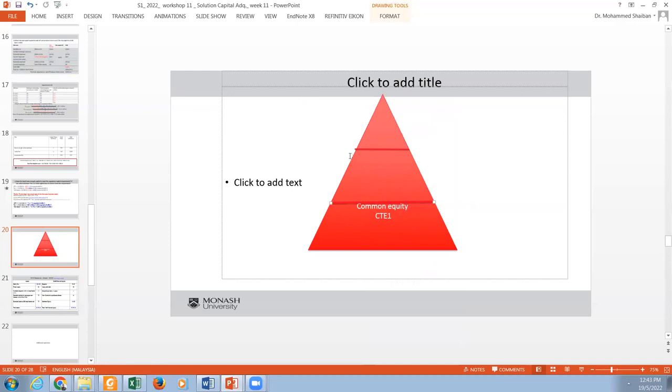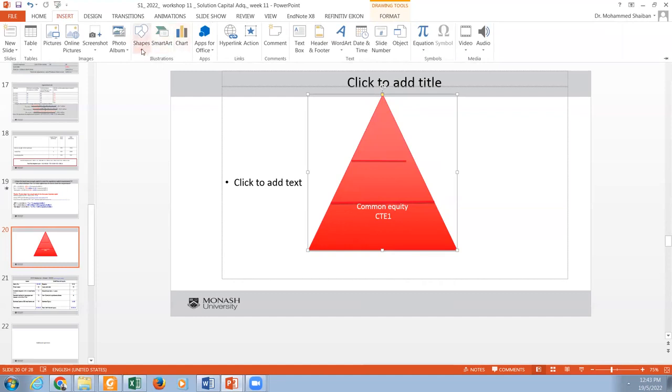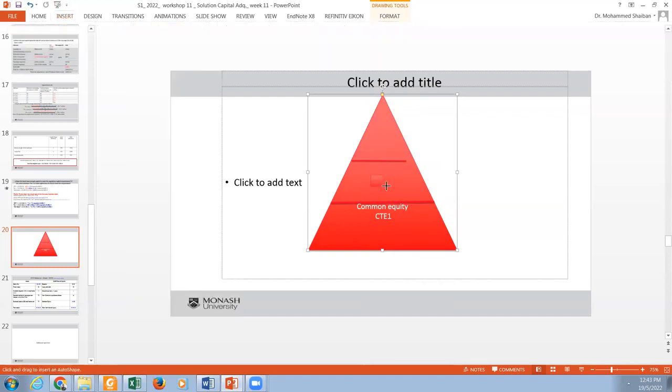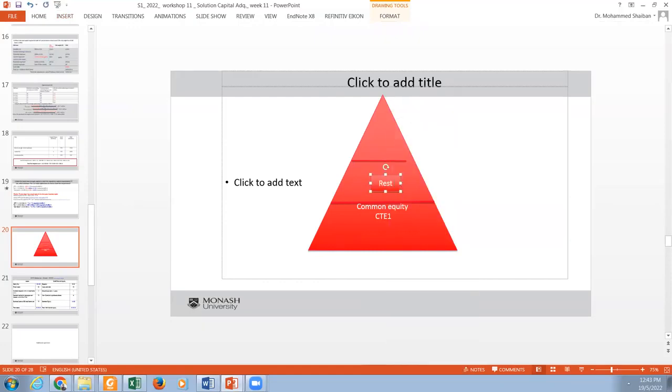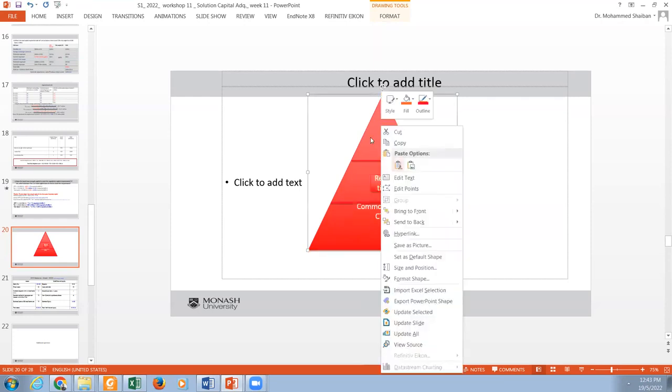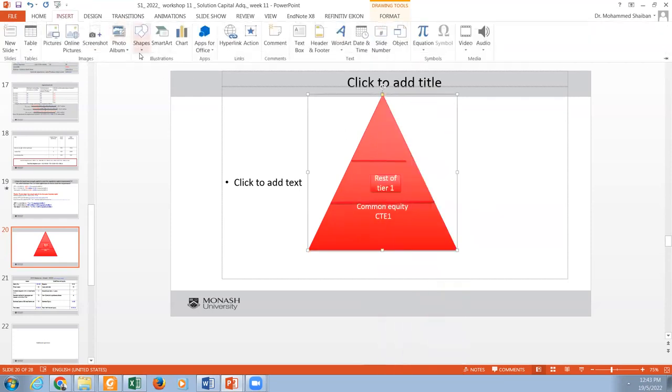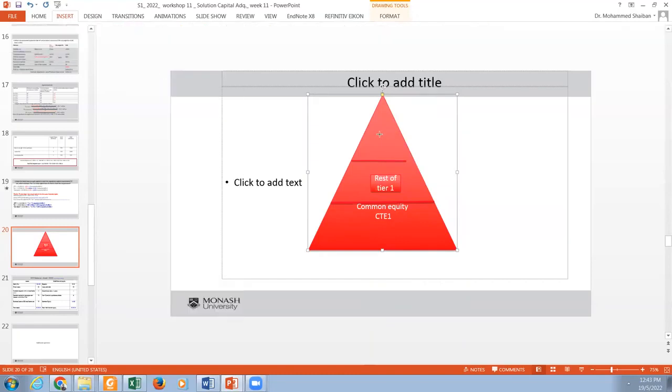So actually, all of this area, from here to here, is tier 1. So tier 1, this is the rest of tier 1. This is the rest of tier 1. This is the rest of tier 1. And this is actually tier 2.